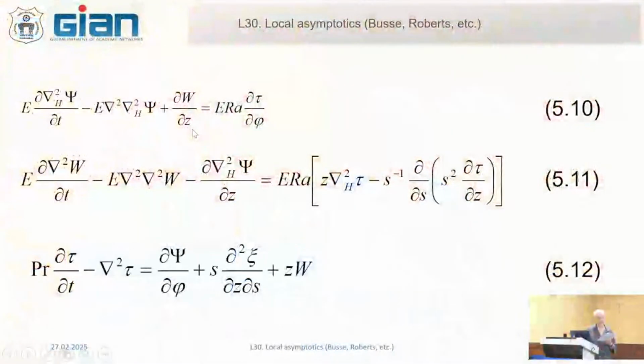Here you see on the screen the first equation which we obtained by substituting the previous representation via the stream function and all corresponding functions into the Navier-Stokes equation. First of all, we see the z component of this equation.